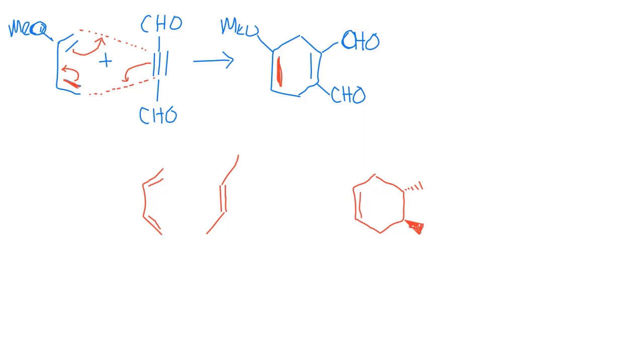Because it can really actually come from either end, from the top or the bottom, the diene can add to the dienophile either from the top or the bottom. And because of that, you can really end up getting this, or its enantiomer. I believe you just get a racemic mixture in that case.